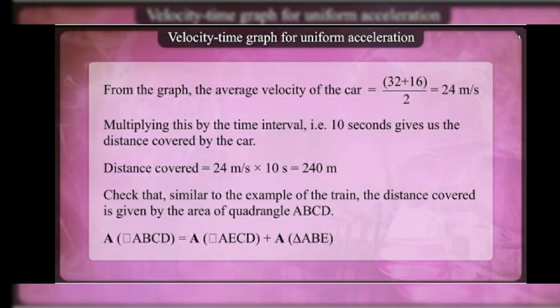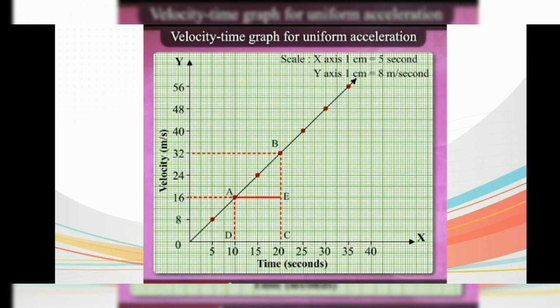Look at this figure children. I am repeating, the area of quadrangle ABCD, it is a quadrangle, right? So it is equal to the area of quadrangle AECD plus the area of triangle ABE. Understood children?